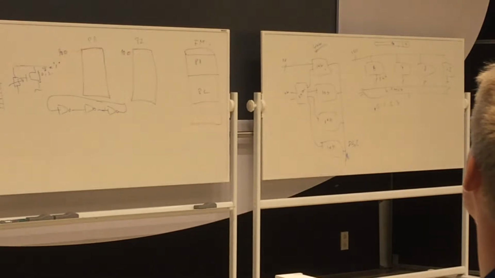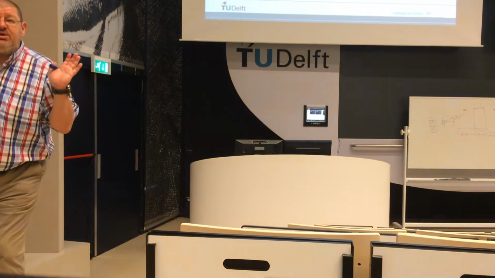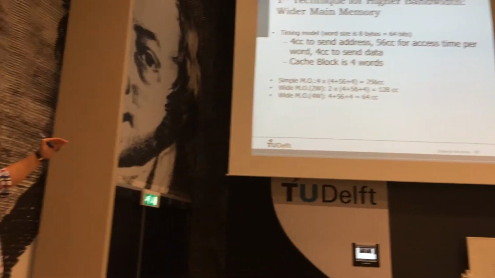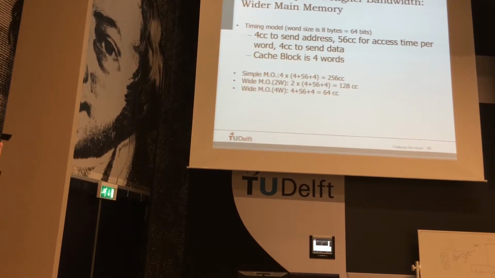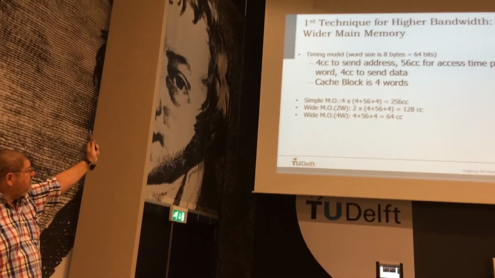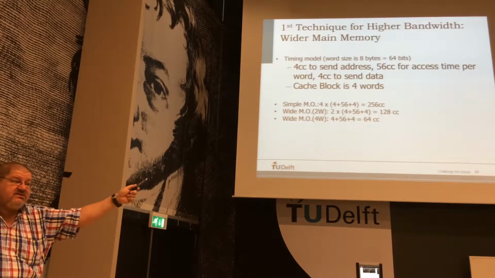Then you see here a calculation which will tell you about the time that you need in order to access 4 locations on different memory models. If you have a memory organization with 1 word and you want to get 4 words because your cache has 4 words, you have to do 4 times a full access. And you see, in order for the full access to happen, it is 4 cycles to send the address.